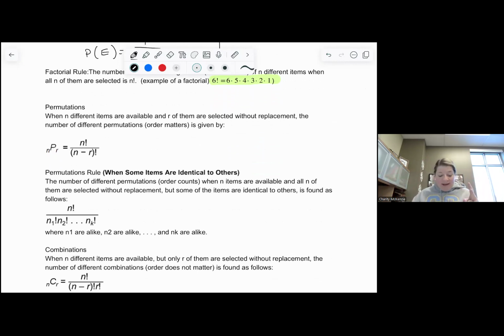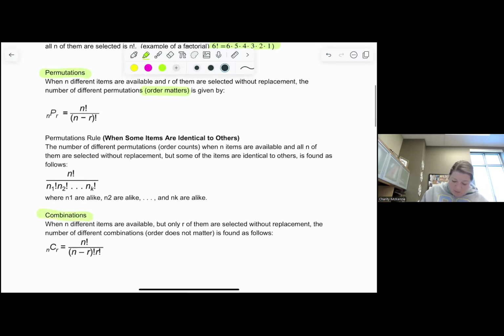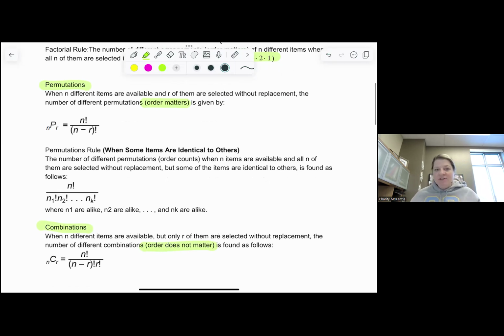We have 2 different ways for that same concept: order matters with a permutation, and with a combination, order doesn't matter. So permutations are anything detailed or specific, that's where order matters.